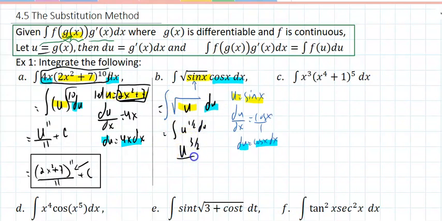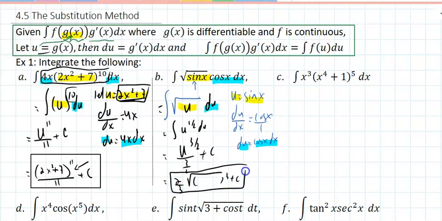So if I divide by 3/2, that's the same as multiplying by the reciprocal, that's 2/3 the square root of u cubed plus c. You could leave it to the power of 3/2 if you wish, and what was u? u was the sine of x. And there it is.